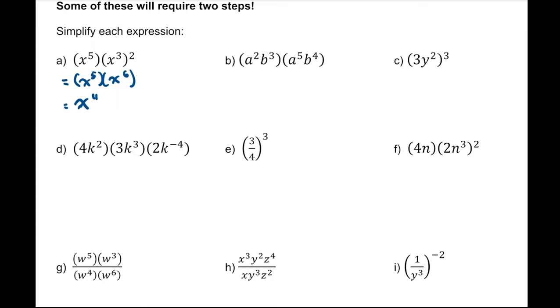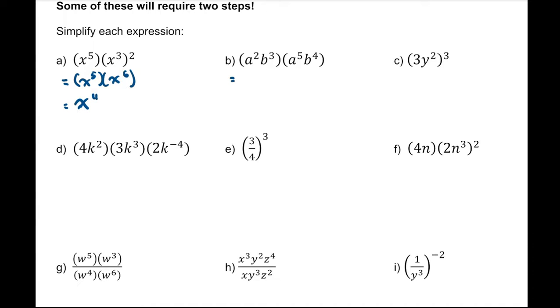For b, I have a squared b cubed times a to the power of 5 times b to the power of 4. Now, this is a tricky one. We haven't seen this before, but again, we're going to treat it the same way as when we've had multiple things multiplied by another set. We're going to focus on the parts that are the same.